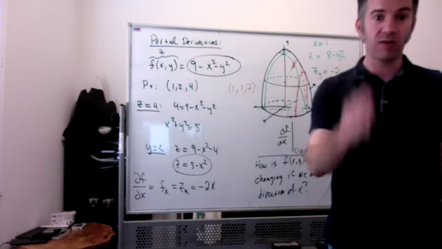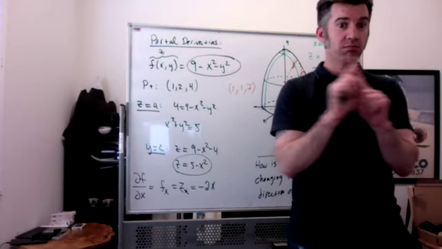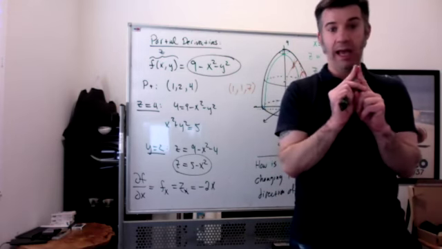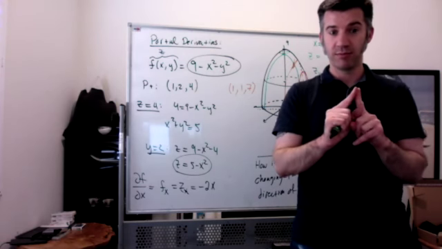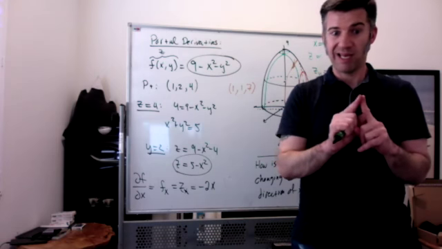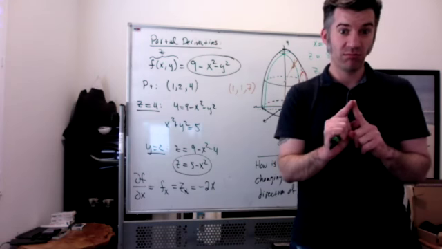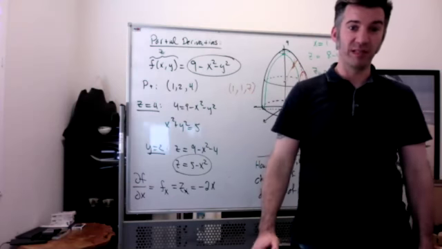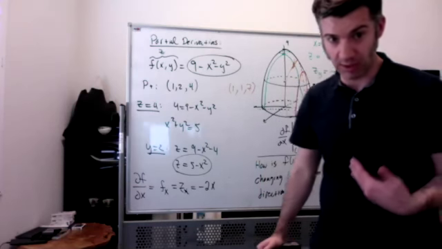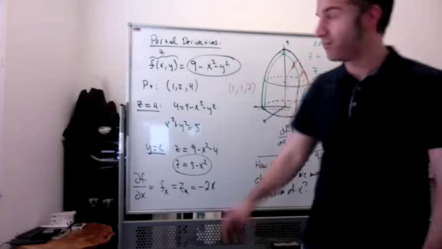If you're moving in the x direction, y is not changing. And again, I'm going to say this a lot. If something isn't changing, if something is constant, its derivative is 0. If you're not changing, your rate of change is 0. Maybe a better way of saying that.